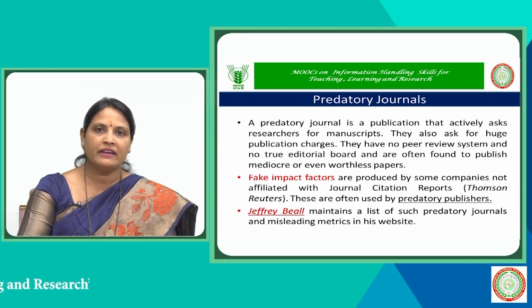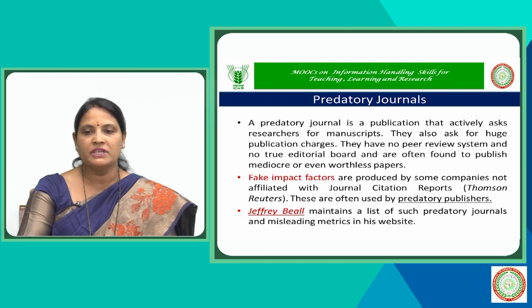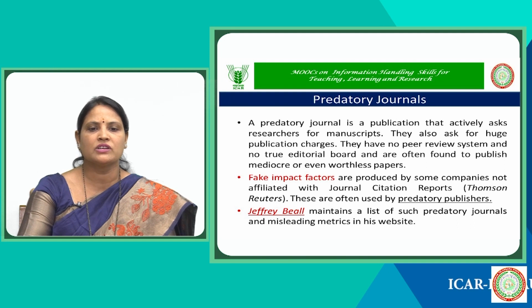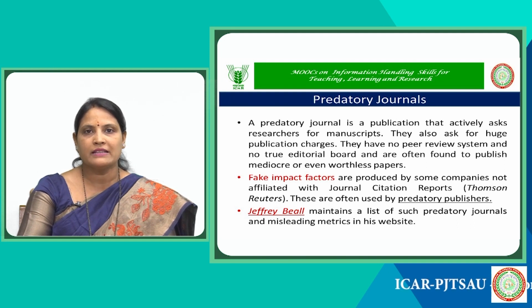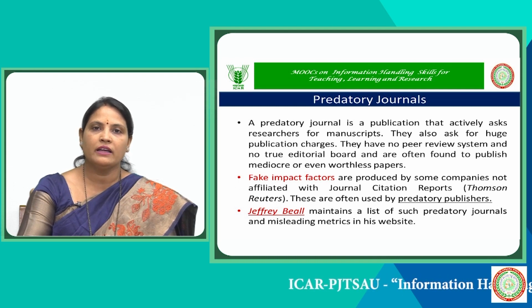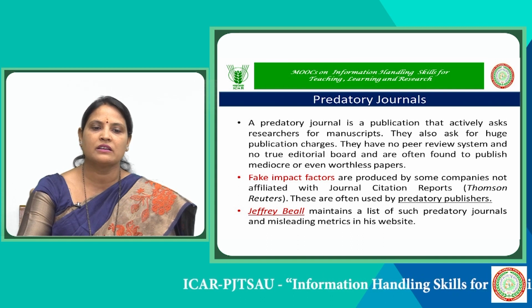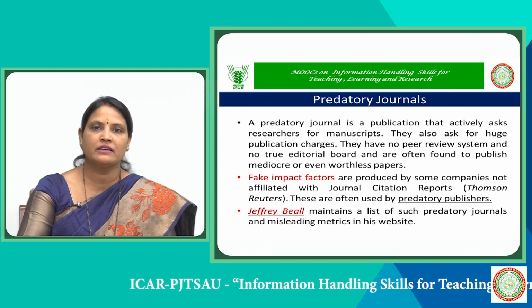Sometimes a fake impact factor is also produced by some publishing companies. They are not mentioned in the Journal Citation Reports, and they are also called predatory publishers. And Jeffrey Beall maintains a list of such predatory journals and misleading metrics on his website.